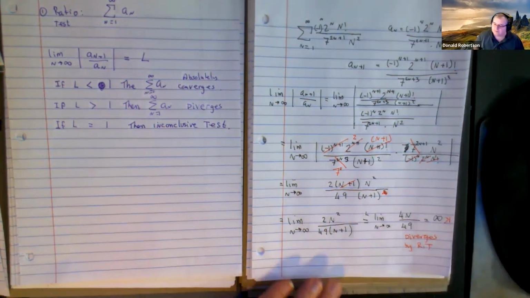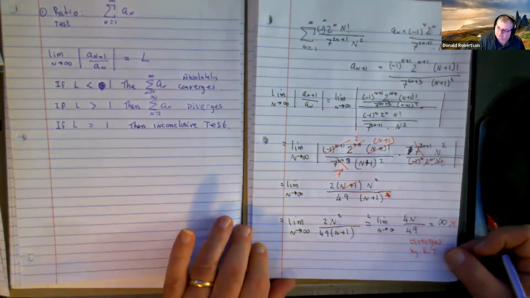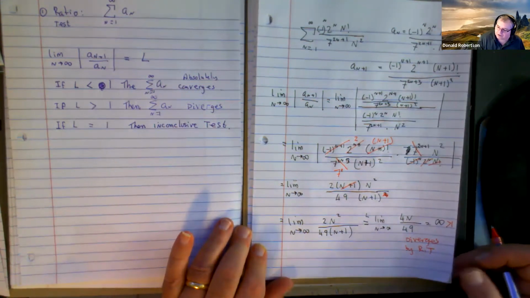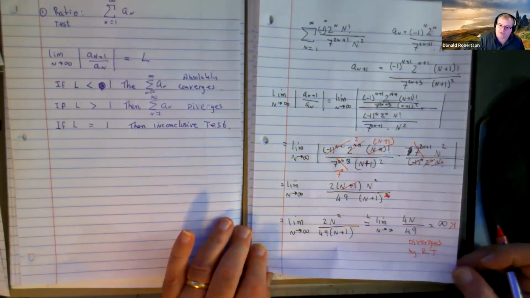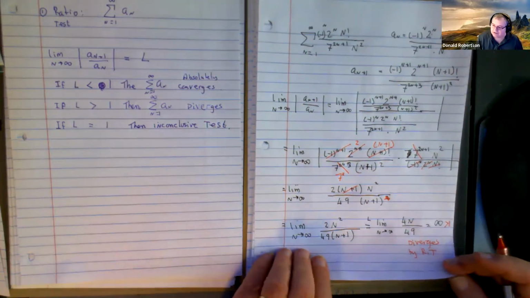Because it's greater than 1. Infinity is definitely greater than 1, right? We're good? Right. Most ratio tests do not have, like, what's that, 5 pieces to it, right? Most ratio tests will have some of those pieces, maybe 2 or 3 at any given moment.